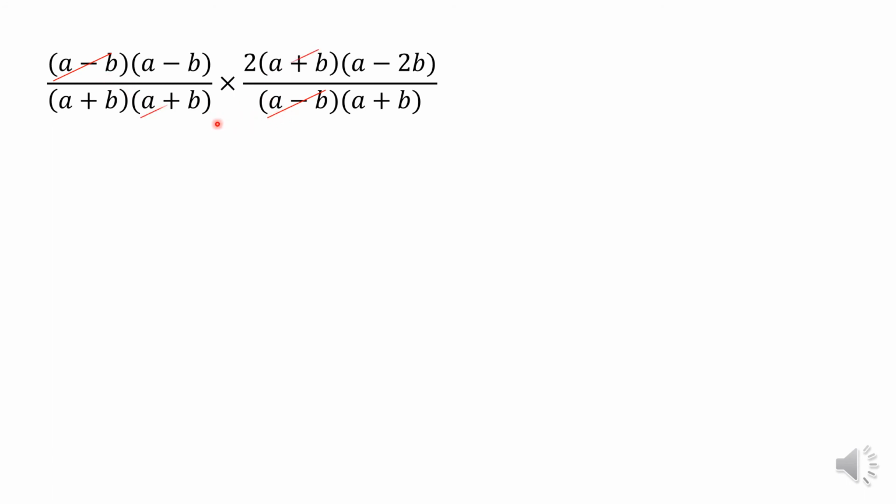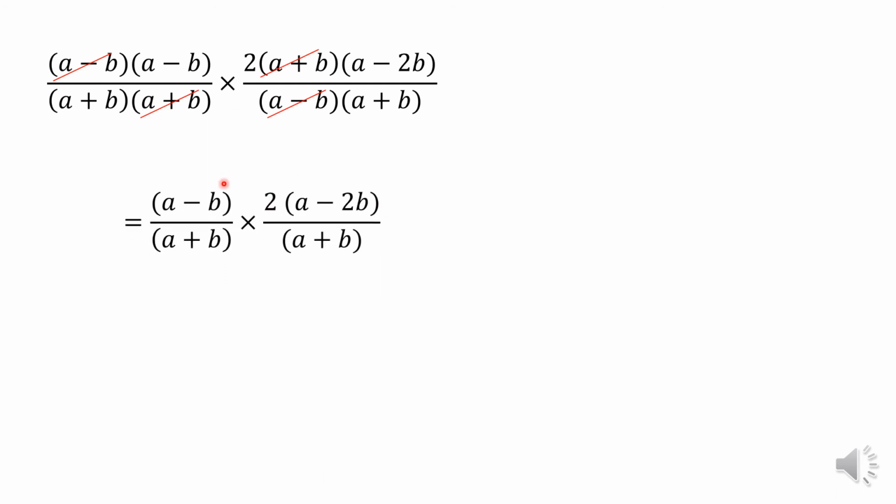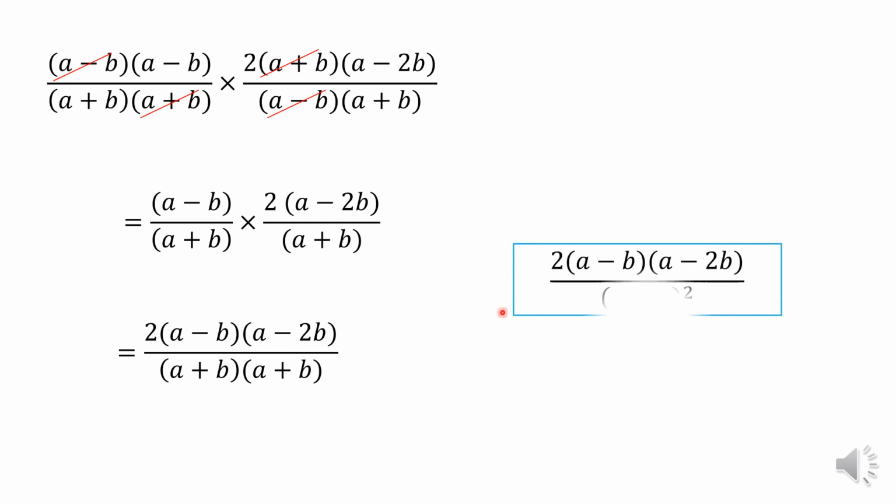So I cancel out a minus b's and a plus b. So eventually I'm left with a minus b over that, and if I multiply that out, that should give me the final answer as 2 in brackets a minus b and a minus 2b all over a plus b all squared. Or you can go ahead and write a plus b twice here, as I did in this particular case. The answer is still the same.